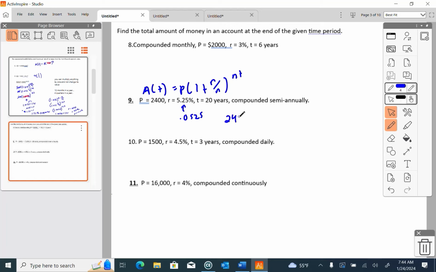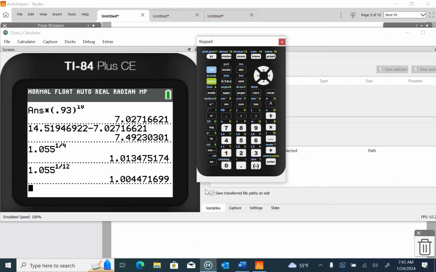I've got 2,400. And by the way, it's the amount after time passes. Is 2,400 times 1 plus 0.0525. Semi-annually, 2. Raised to the nt, n was 2. And the time is 20. Now, there's some things you should do in a calculator. Like, you should know what 2 times 20 is. You should.